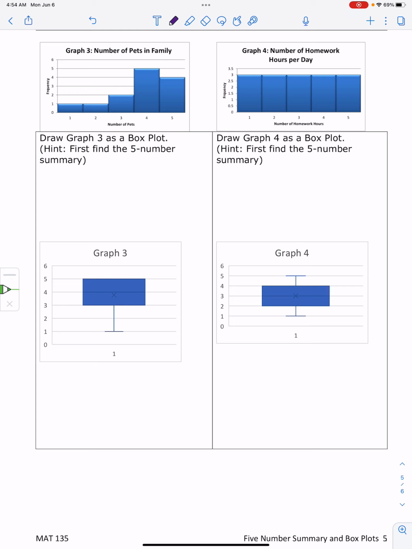Here, my 5-number summary is 1, 3, 4, 5, 5. Fairly consistent with what we saw on graph 2. My Q3 and maximum are the same value, so notice here I have no upper whisker, right?